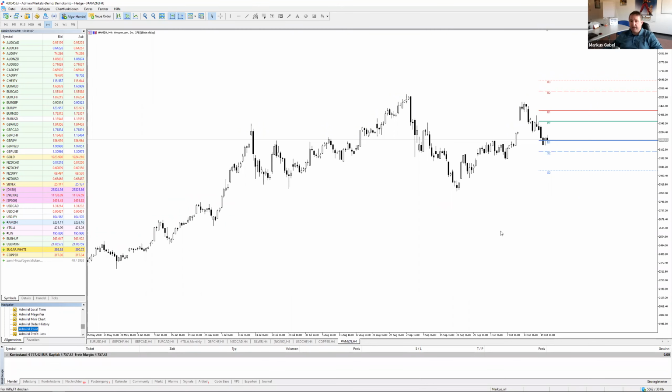So actually, you can see we are below the pivot point at the moment. The market has been open for 10 minutes right now. We are exactly at the support level 1. This is interesting because the moment we had a close below the pivot point, the price dropped down.